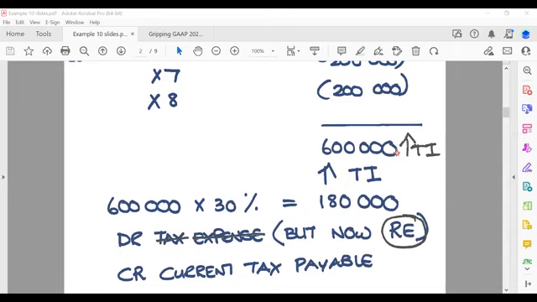Well done, everyone. How did we arrive at 600,000? It was the adding back of our marketing expense, less 2 years of wear and tear. Why have we not also claimed the wear and tear for the X9 year as yet?